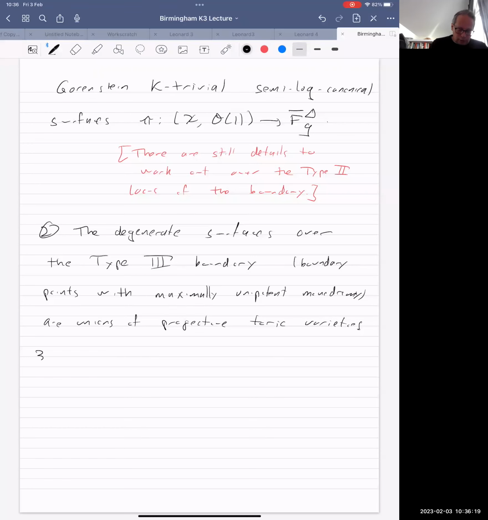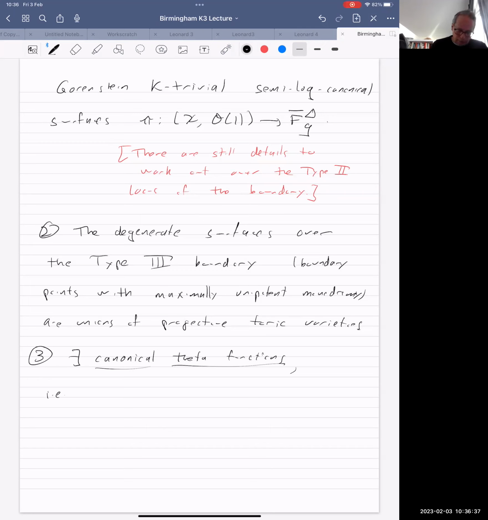Okay, so the third thing, and the thing that I think we were most excited about, is that there exist so-called canonical theta functions. So what does this mean?